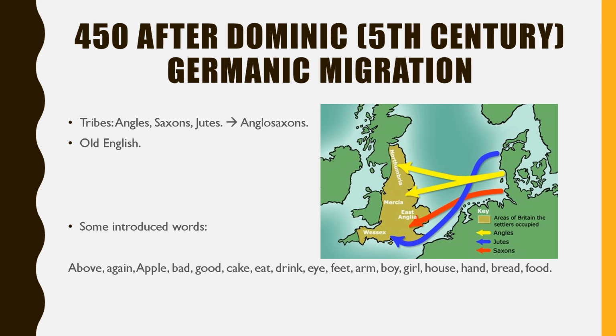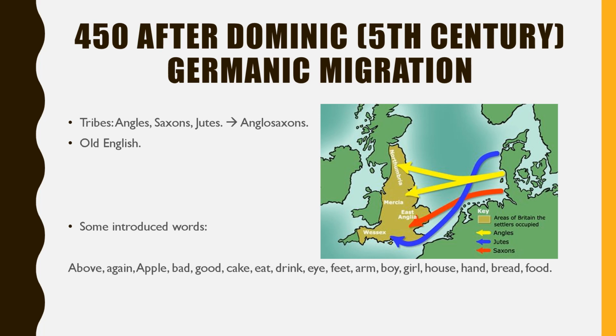So at the end, all those languages mixed, and the language which was formed from the Germanic migration became Anglo-Saxon, and like that starts the Old English language.